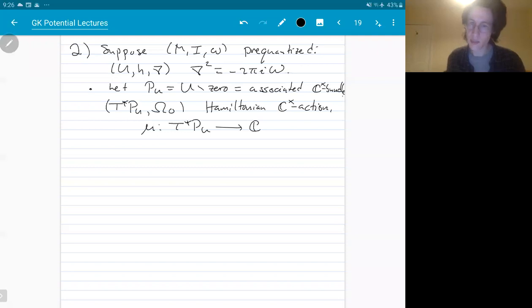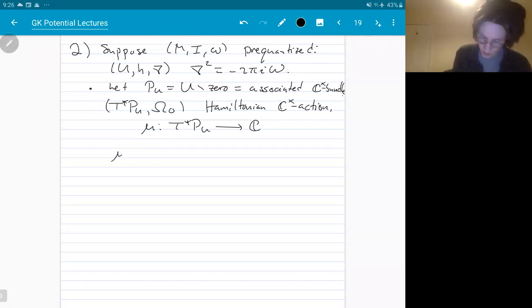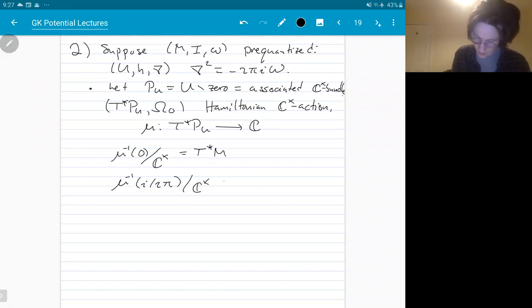And so we can take the symplectic reduction of this thing. If we took the symplectic reduction at 0, we would just get back to the cotangent bundle of M. But if we take the reduction at a non-zero point, then we recover the space Z.